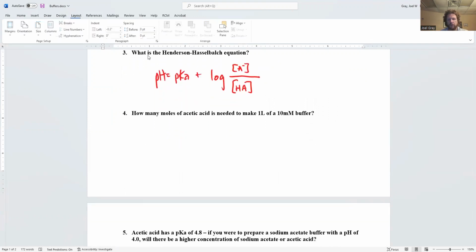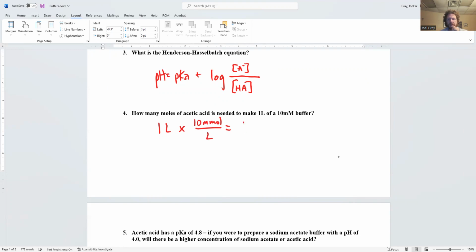Okay, the next question that I wanted to work on was how many moles of acetic acid is needed to make 1 liter of a 10 millimolar buffer? So we know that our volume is 1 liter, and our desired concentration is 10 millimole per liter.